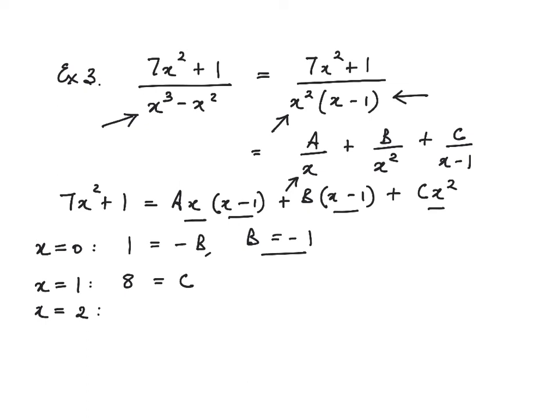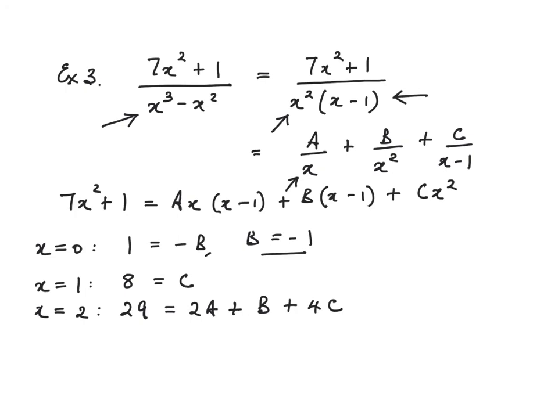So we're dealing with the left hand side now. 2 squared is 4, times 7 is 28, plus 1 is 29. Now, that's 2 lots of a. 2 take away 1 is 1, that's b, and then 4c.